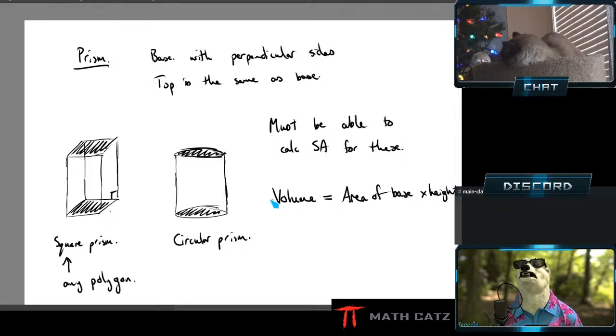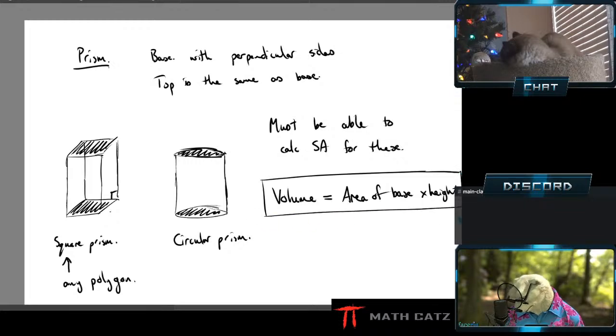Area of the base times the height. That is going to be the only volume formula that I'm interested in working with. And it extends to any prism. This is only for the prism, right? Prisms only. But circular prism, square prism, any polygon-based prism, it's all good.